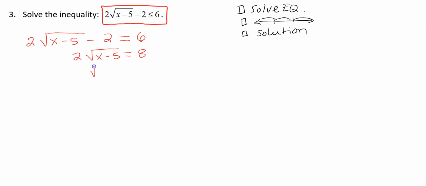And then divide by 2, square root of x minus 5 is equal to 4, right? And then I'm going to go ahead and square both sides so that x minus 5 will equal 16. And x will equal, add 5, so that would be 21. So 21 is your critical point, and that is the solution to the equation.